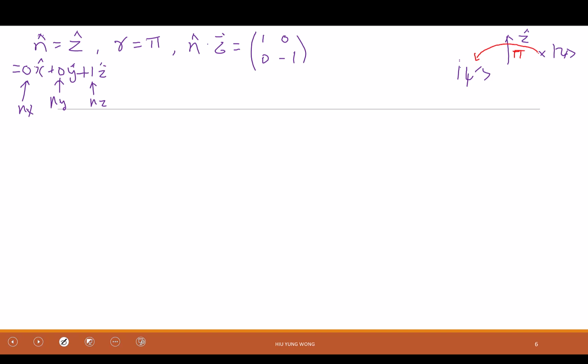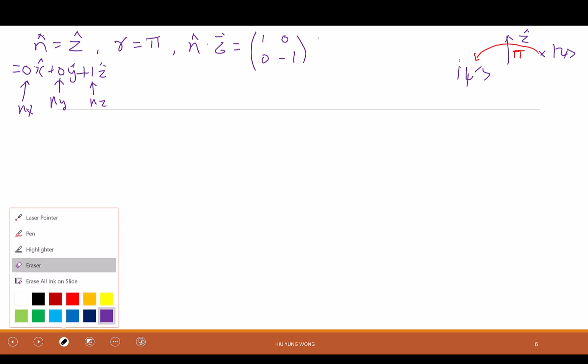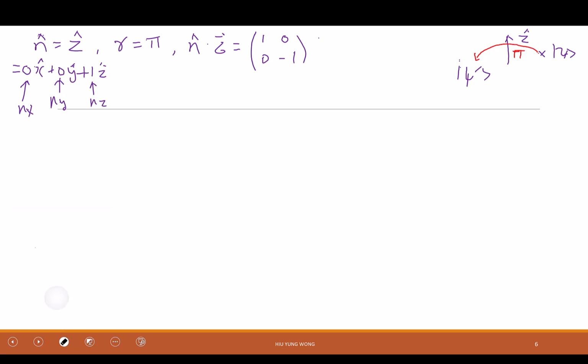Now, how do we do the exponentiation? I will further do one more thing. I'm going to multiply by i, because we need this negative i gamma divided by 2. Let me start a new row. The pen is really not working well today. Let me use this color.